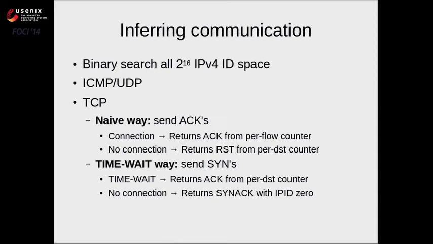If it's in a time-wait state, it returns an ACK from the per destination counter because the flow is over. But if there's no connection, for whatever reason, Linux always returns a SYNACK with IP ID 0. So this actually isn't drawing from any counter at all. And in this scheme, the per destination counter only goes up if there is a connection, or in this case, if there was one.